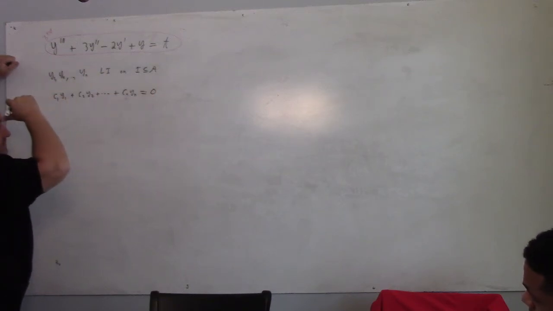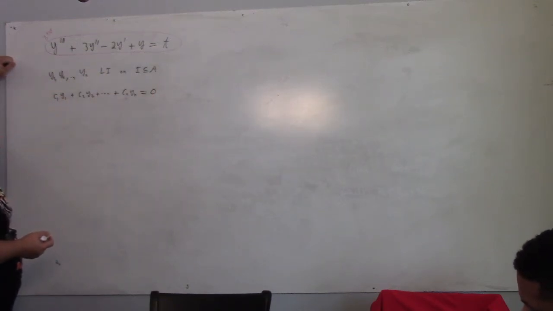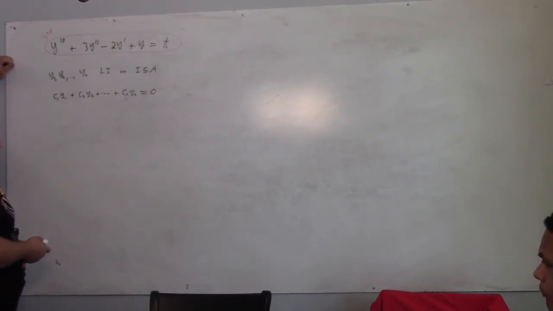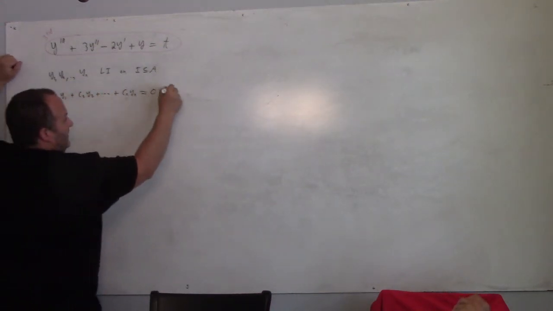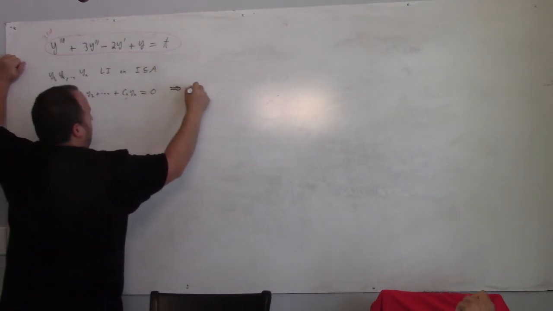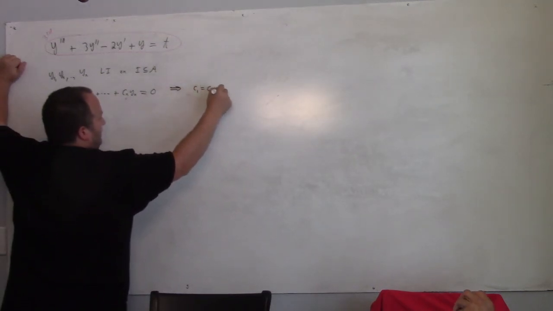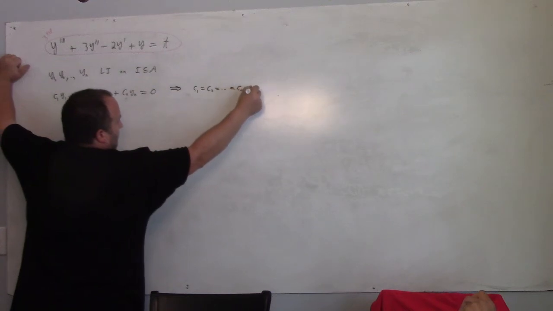Suppose you have that, right? If they're linearly independent, that implies c1 through cn have to be 0. If these are linearly independent, this implies c1 equals c2 equals cn equals 0.